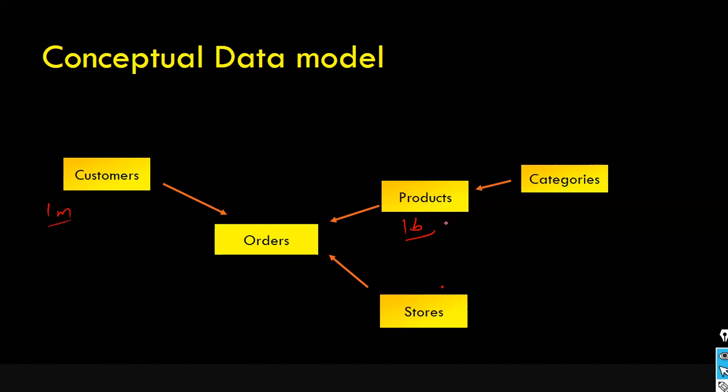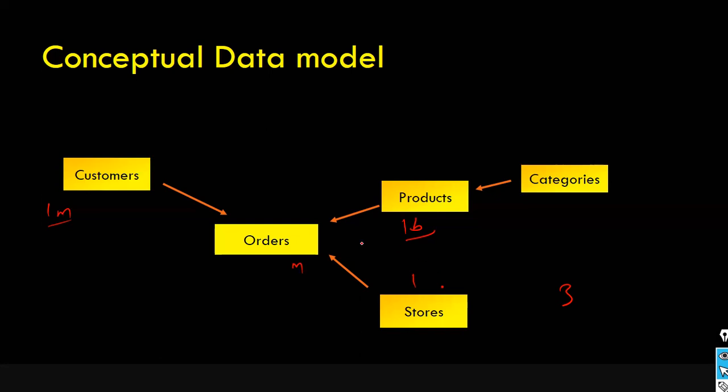The next one is the stores. For simplicity's sake, let's say you have 3 retail chains. Obviously, there will be some sales, so it is one or many, we cannot say 0 or more.